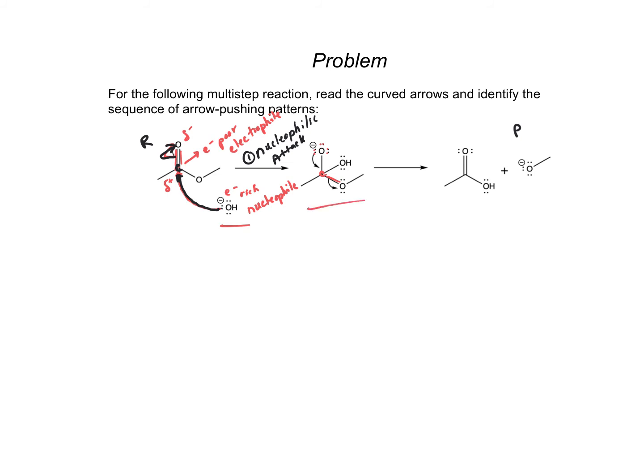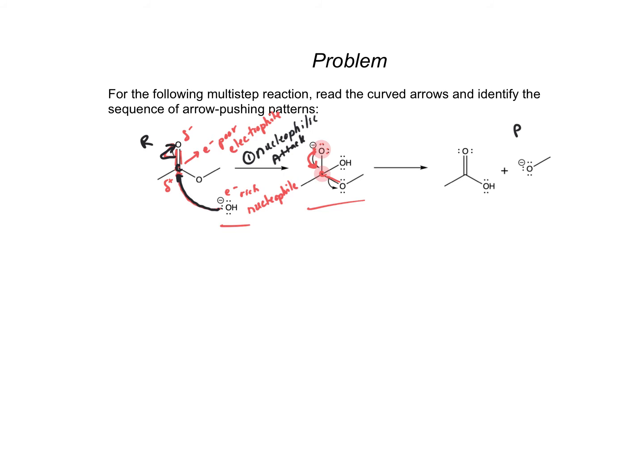Number 2, we come over to our intermediate here, and what we find is we have electrons moving from this oxygen. They're going to form a double bond, or a pi bond again. We have these guys going to form a double bond between this oxygen and this carbon. Again, we can't have that happen, because carbon can't have more than 4 bonds.